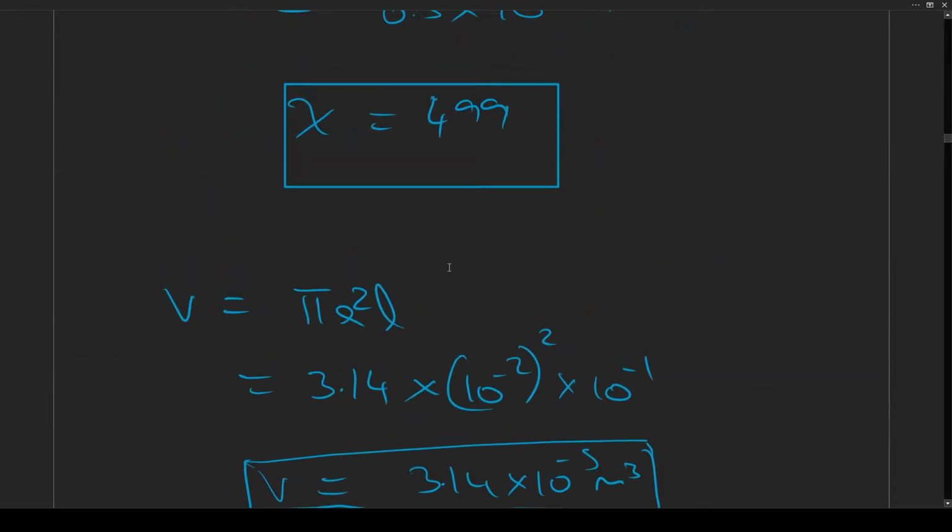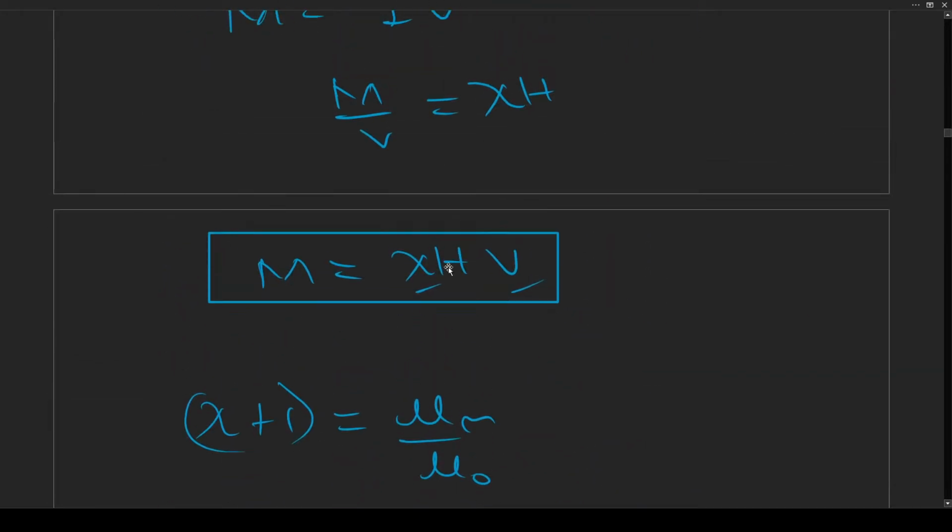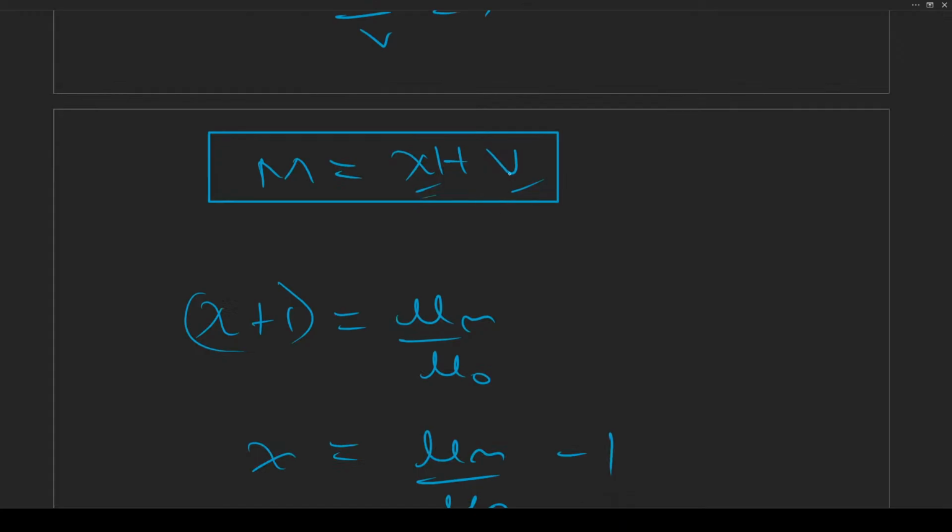Now I hope I didn't make any mistakes here. Chi value is indeed 500.